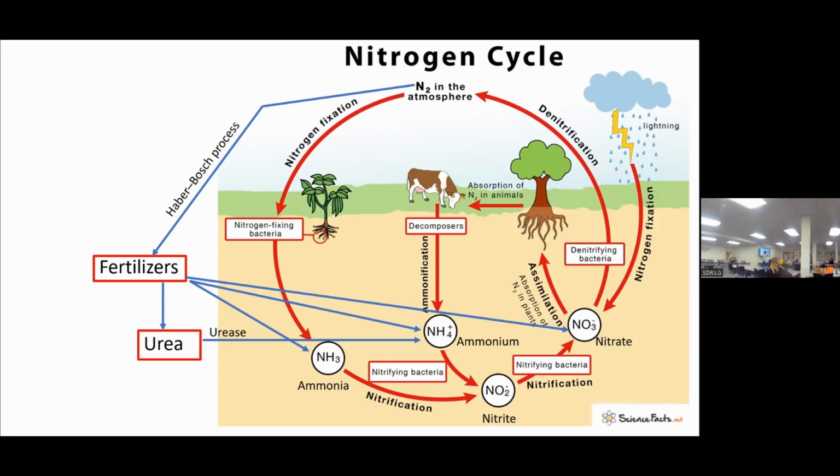That super energy intensive process that I was talking about is called Haber-Bosch. Some Germans invented it, of course. But the important thing I want you to know is that ammonium becomes nitrite, and nitrite becomes nitrate.